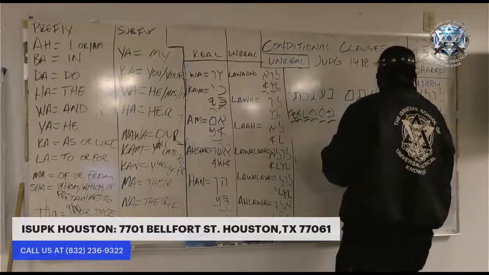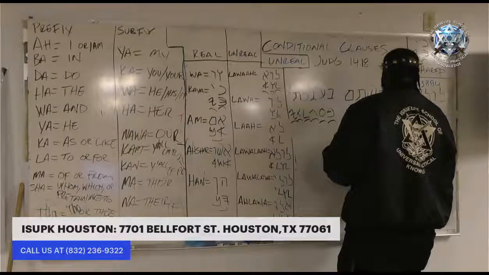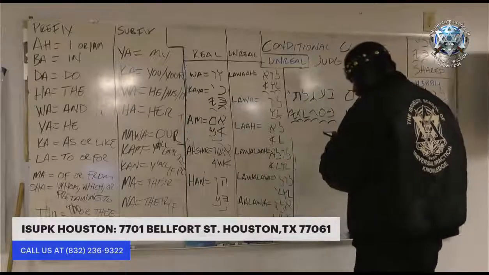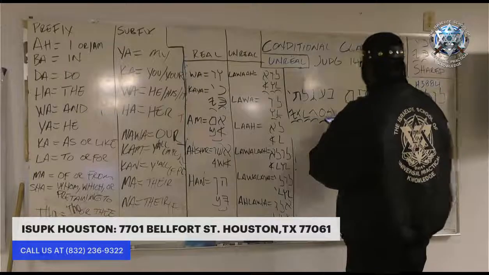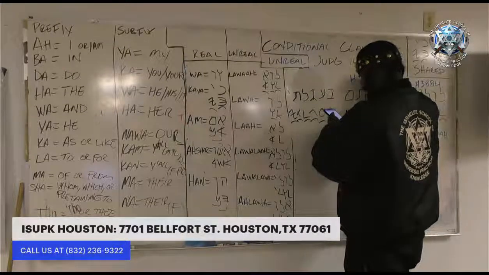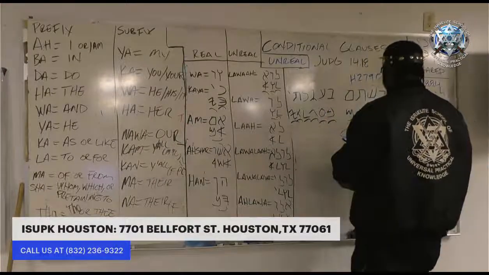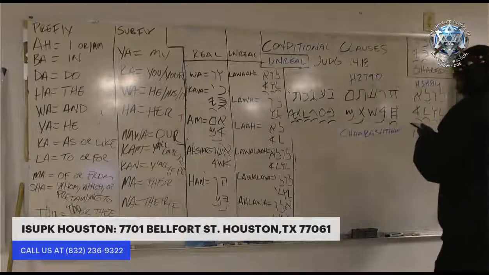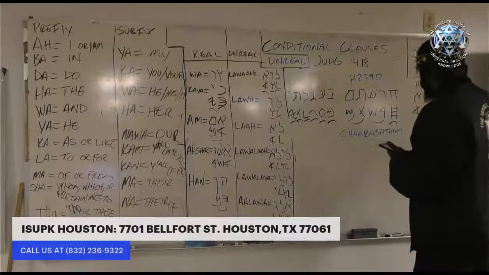All right, so next we have "charashtem". Strong's Concordance number is 2790. Root word here is "charash".